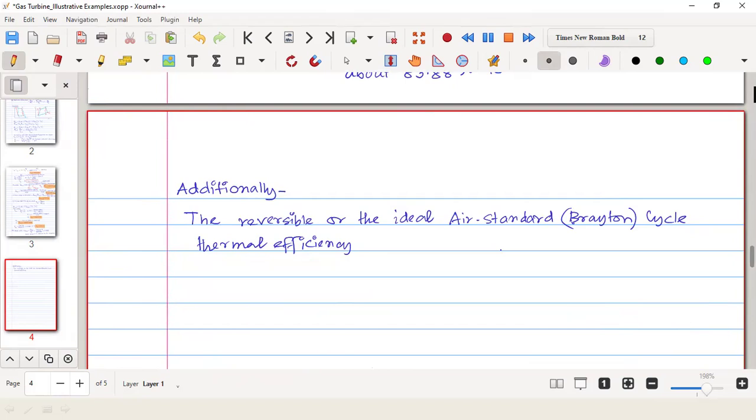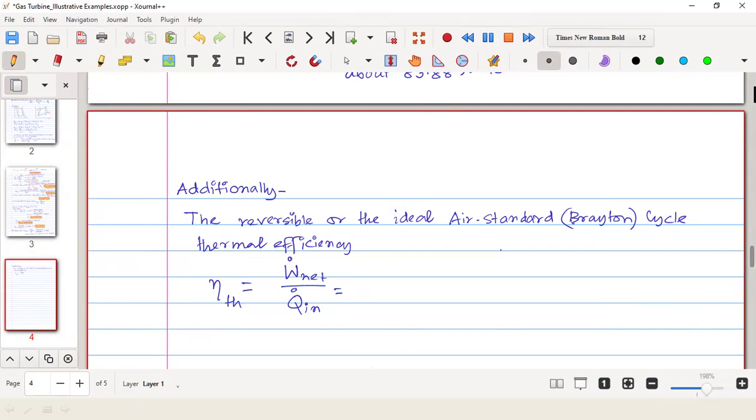So accordingly, what will be the thermal efficiency? Let us see. Basically, from the definition, it is W dot net divided by Q dot in.